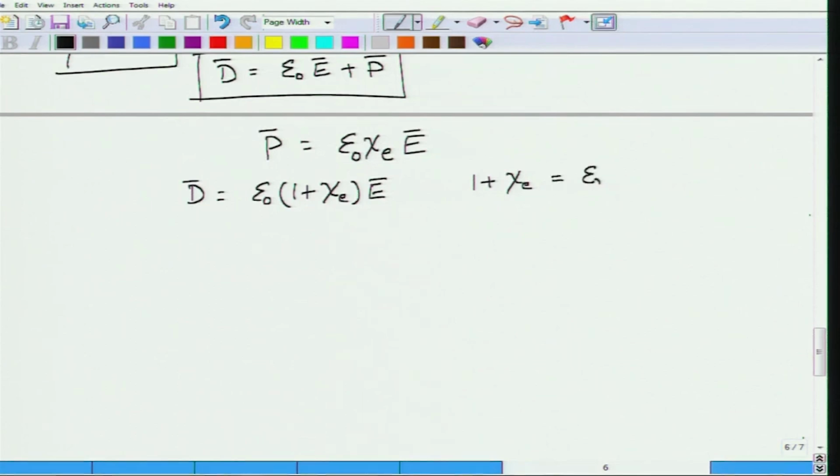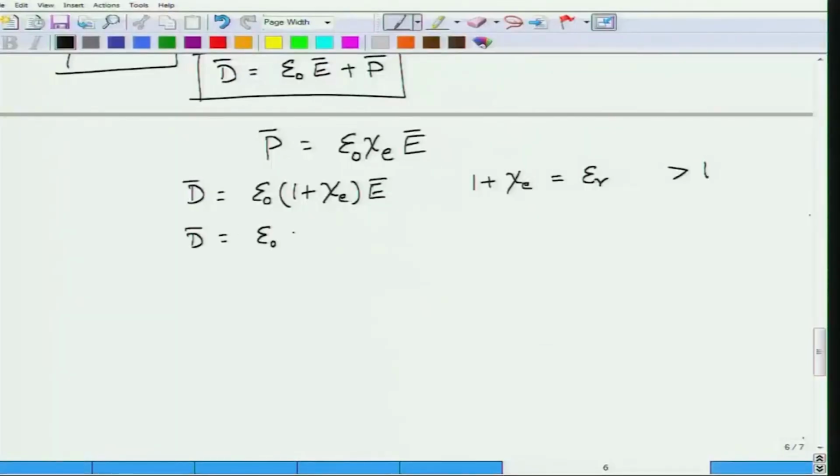For materials that are dielectrics and not free space, epsilon r will be greater than 1. For free space, epsilon r is equal to 1, which again indicates that chi e will be equal to 0.